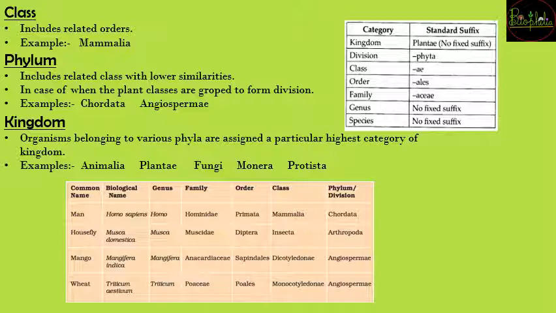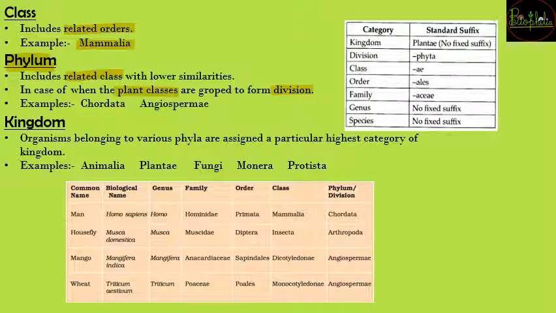A class is made up of different related orders. Example can be Mammalia. Classes combined together form the phylum, and the phylum is called division if you are speaking about plant classes.